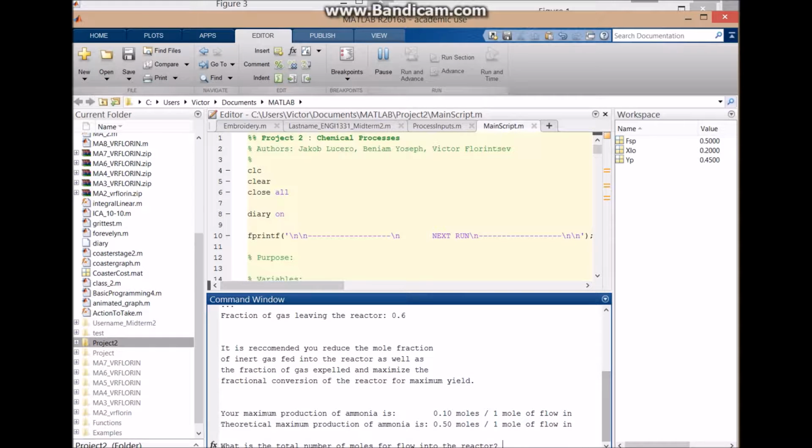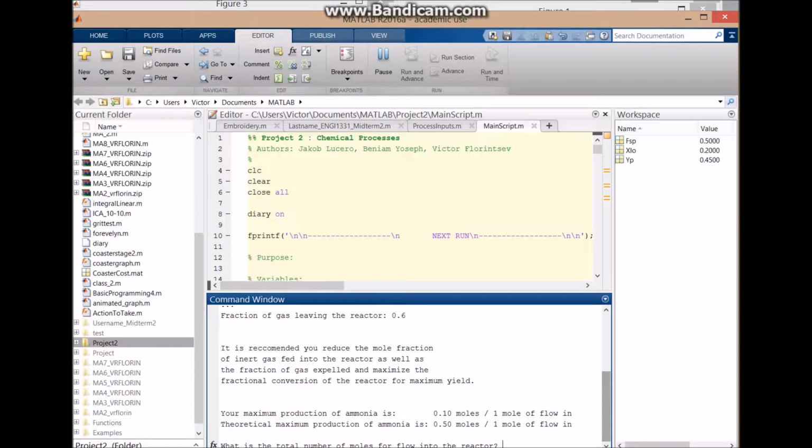It tells you, I recommend you reduce the mole fraction of the inert gas fed into the reactor as well as the fraction of gas expelled, which makes sense because the more gas expelled, the less can be recycled, and the less inert gas, the more non-inert gas. And maximize the fractional conversion of the reactor for maximum yield, because the better it is at converting, the more you're gonna have, really.